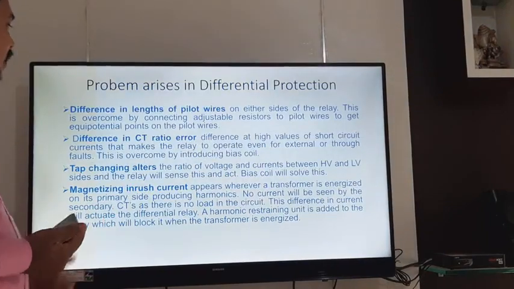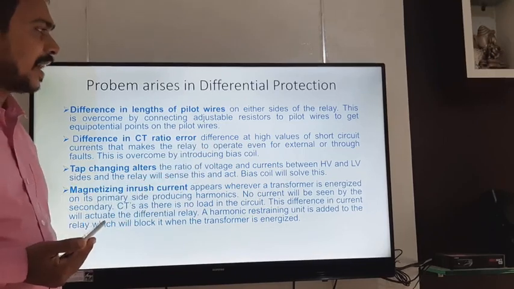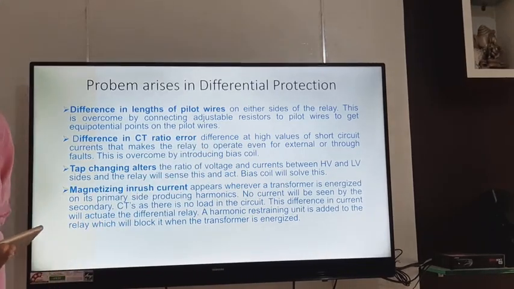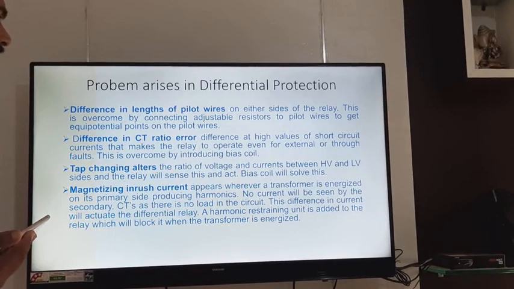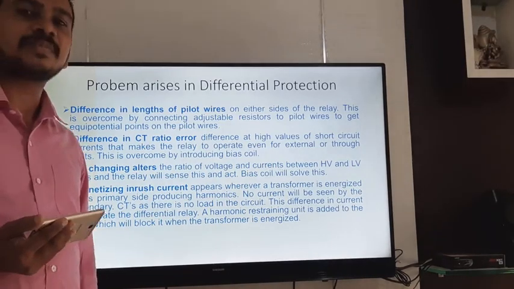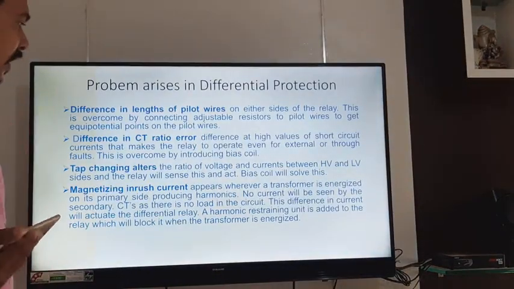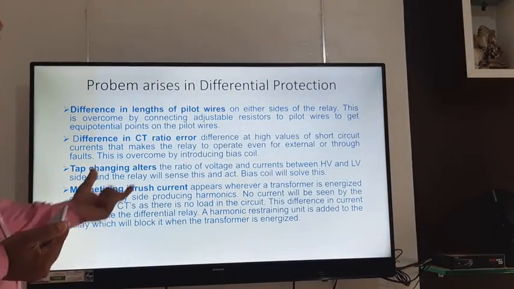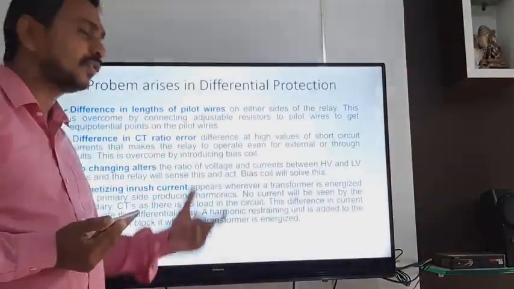Okay, second, that is the difference in CT ratio. This is the difference at high values of short circuit current. When a high value of short circuit current flows, at that time due to the saturation of the CTs, a CT ratio error occurs. For that we have to use a biased coil or restraining coil to overcome this difficulty.